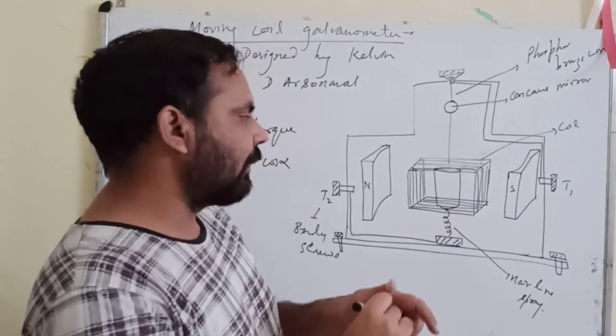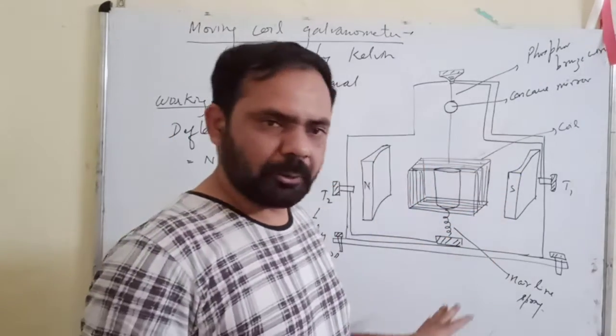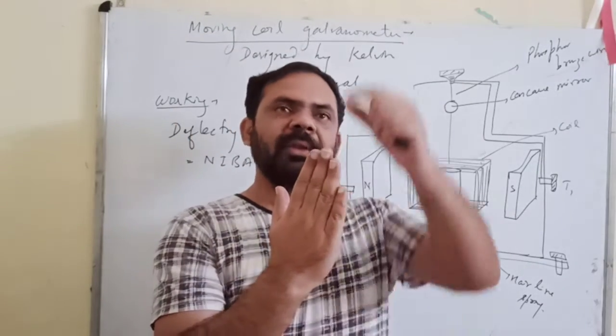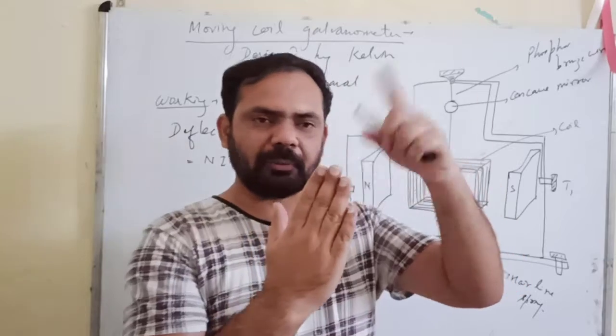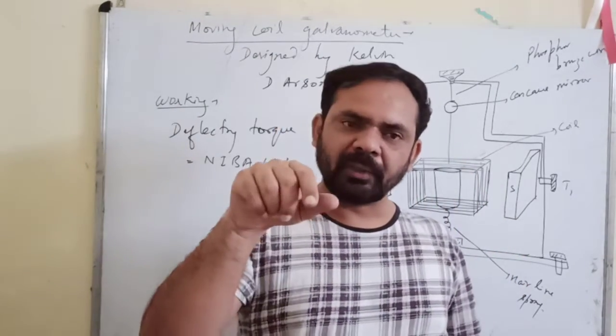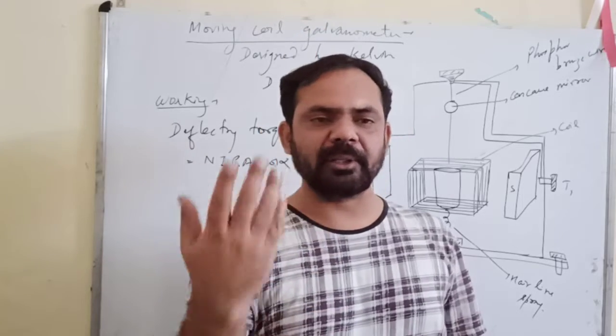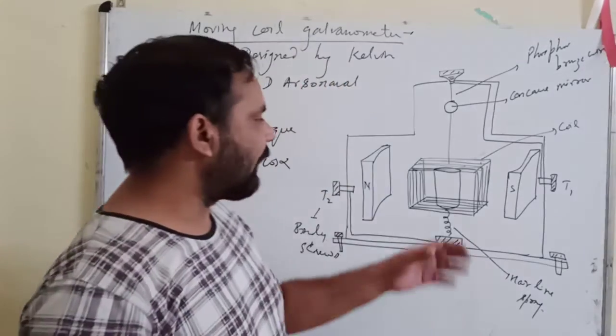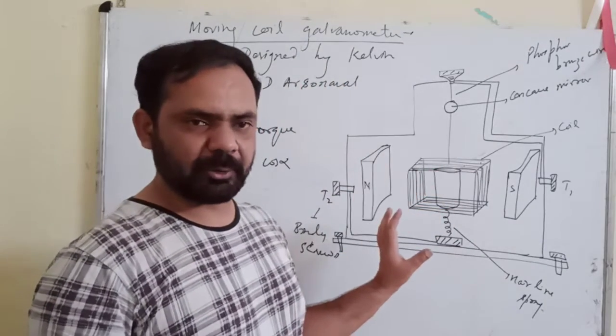See what is happening: when you pass the current through this coil, there will be a deflecting torque which will try to rotate the coil. Now there is a phosphor bronze wire. As the coil rotates, there will be a twist in the wire. That twist will exert a restoring torque, which will try to bring the coil back to its original position.